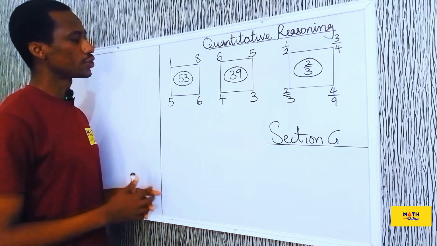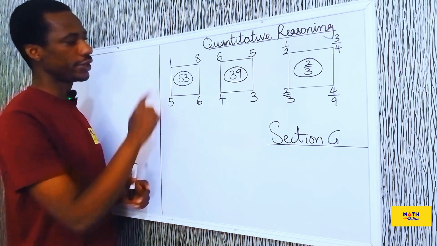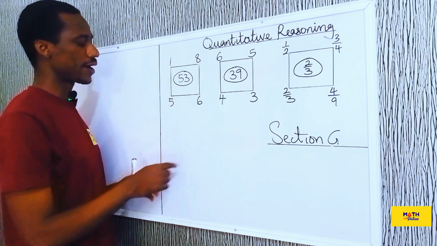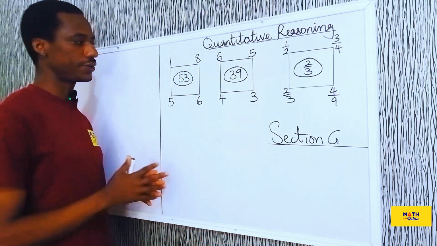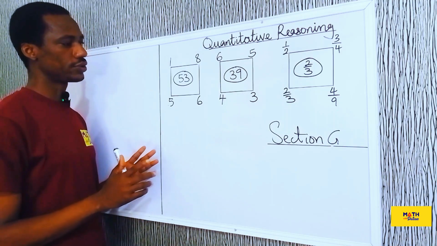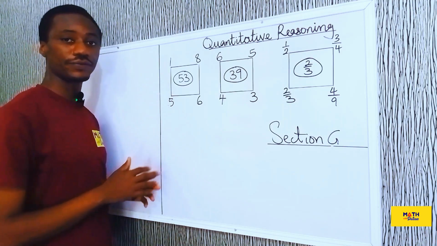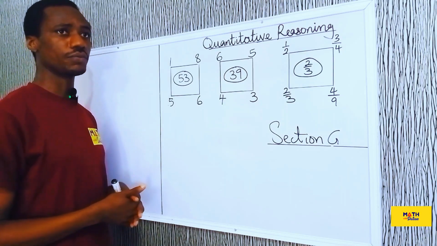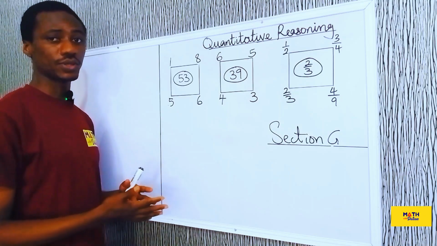Now we have 53, so we're looking at what we can do with 1, 8, 6, 5 to get 53. One thing to check is that 53 is not a multiple of a particular number.